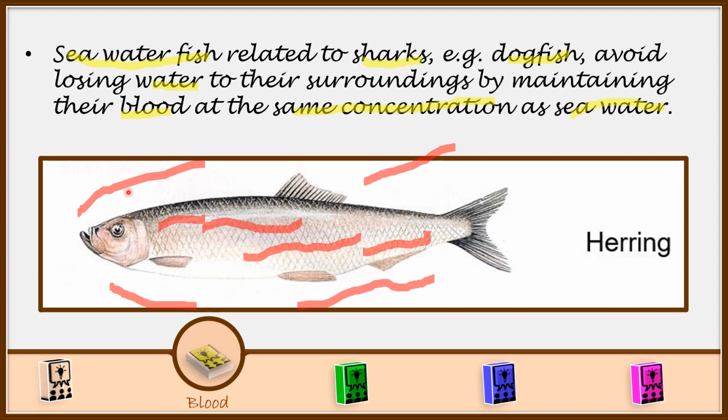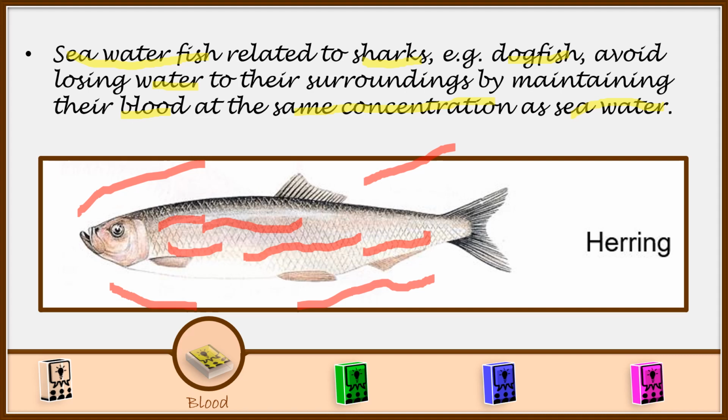We know that the seawater contains a lot of salts. That would mean that the fish would lose water to the seawater because of the high concentration of salts in the seawater compared to that in the body of the fish. So what the fish does is to maintain the same concentration as that outside.